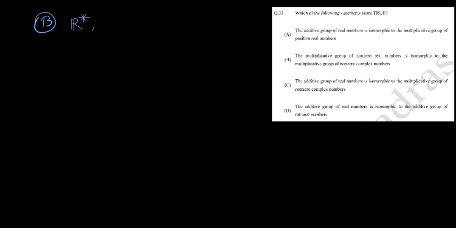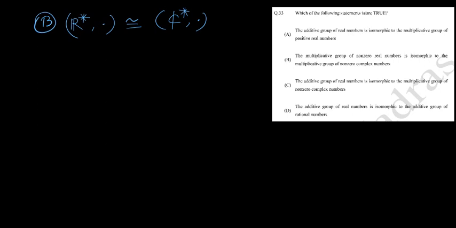R star is a multiplicative group, that means the operation is dot. Is it isomorphic to the multiplicative group of non-zero complex numbers, C star? Are these two groups isomorphic or not? Now I will check.